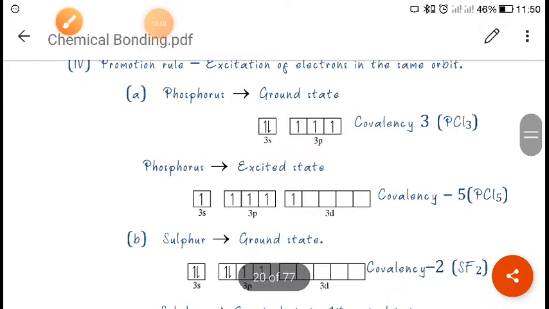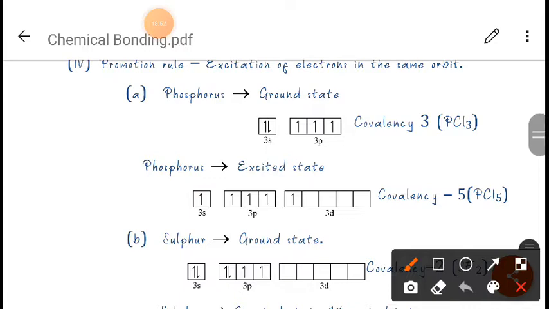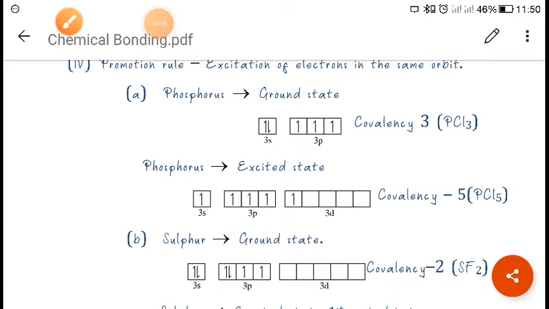One electron from the s orbital will jump to the 3d orbital. As you can see, it has jumped to the 3d. Now in the excited state the covalency has become 5: 1, 2, 3, 4 and 5, right? I hope you are understanding this, right?